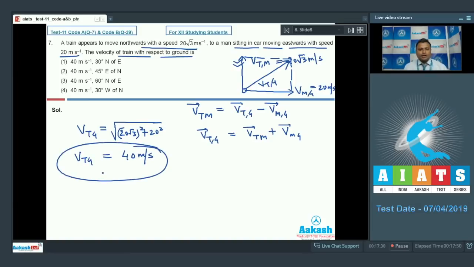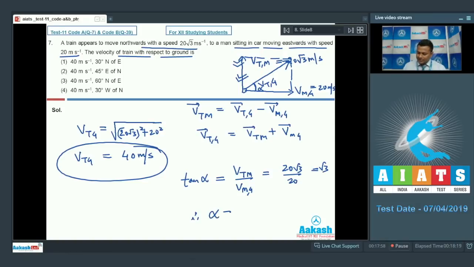Now the direction of velocity of train with respect to ground will be given as tan alpha, where alpha is the angle the resultant makes with the first vector. This is alpha. It will be VTM upon VMG, 20 root 3 upon 20, that gets you root 3.